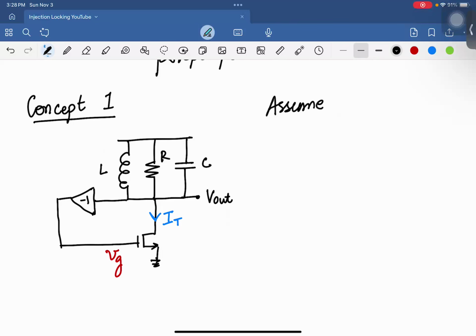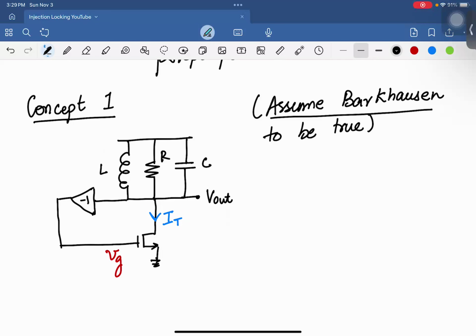And we discussed this a little bit in detail already, and I showed that, okay, Barkhausen is not necessarily very rigorous, but still very useful. And we'll see at the end of the video why it's not rigorous, but it actually does give us some really good insight, and it's very practical when you're studying oscillators. Okay.